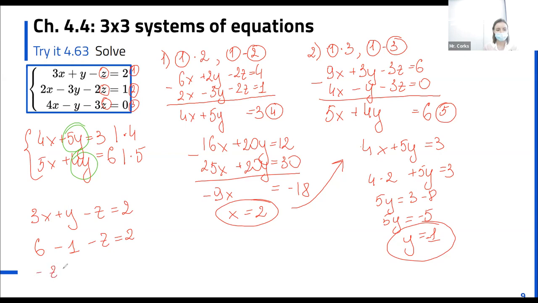So minus z equals 2 minus 6 plus 1. So minus z equals 2 minus 5, which is minus 3. So z equals 3.